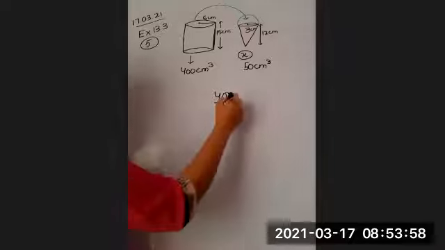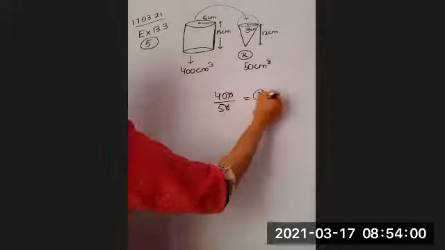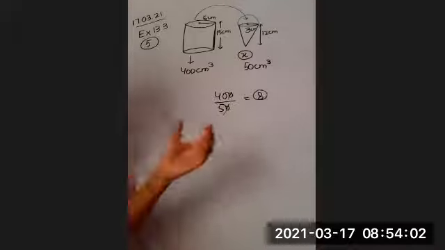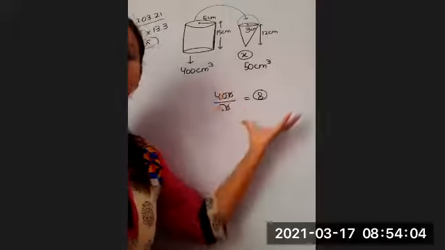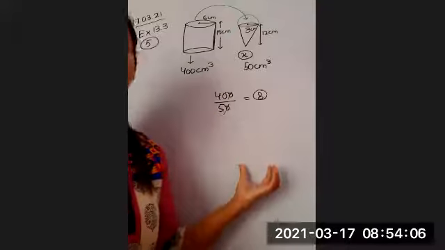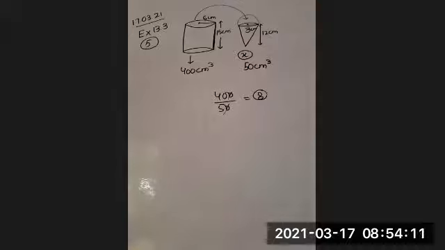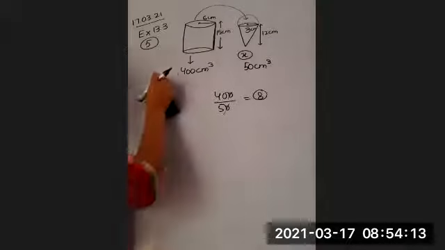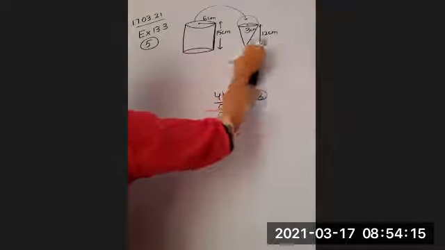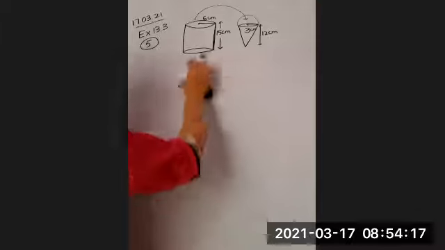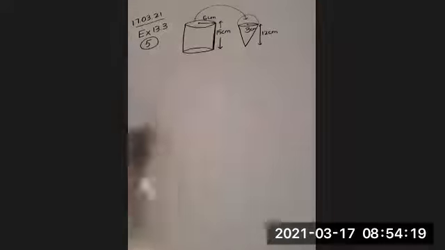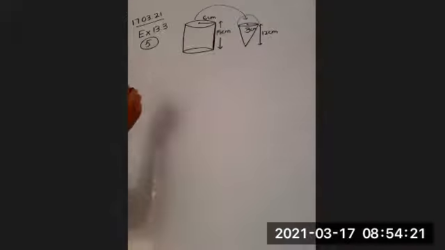How many? 8 cones. So it is like total ice cream available divided by ice cream to be put in one cone. That is what we are going to do here. Is the question clear, children? Yes, ma'am. Let's do this.